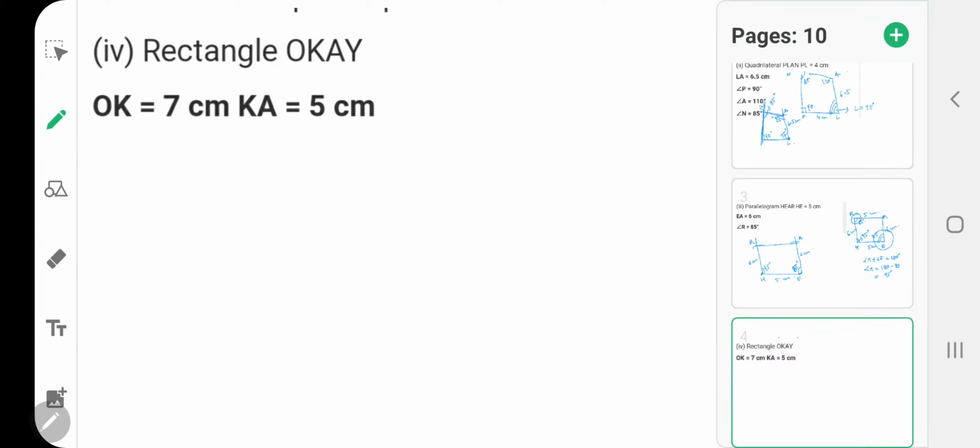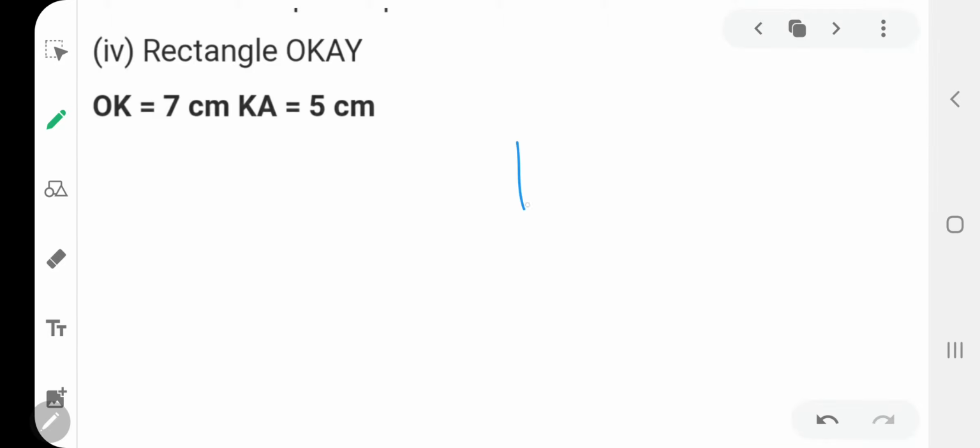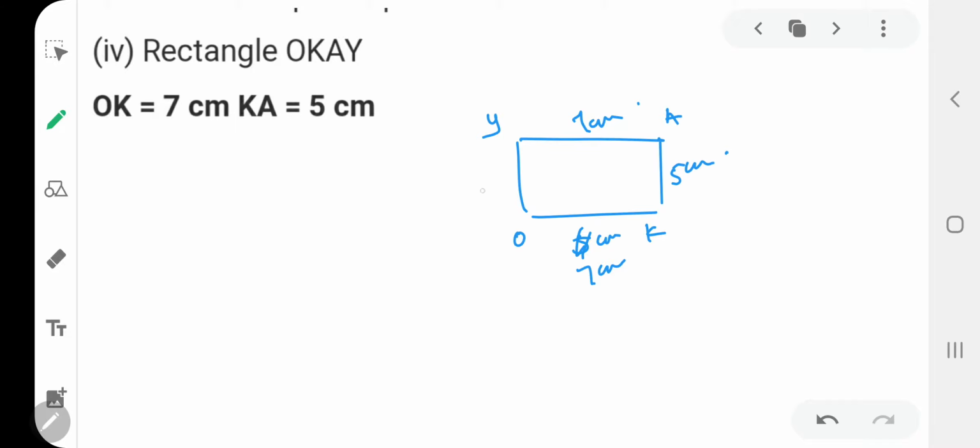Next we'll make a rectangle OKAY. So dummy figure of a rectangle OKAY. We know very well the opposite sides are equal. So if OK is 7, even YA will be 7. If KA is 5, so even OY will be 5. And other property we know that the angles are 90 degree. So you can make a base OK. From O draw 90 degree.